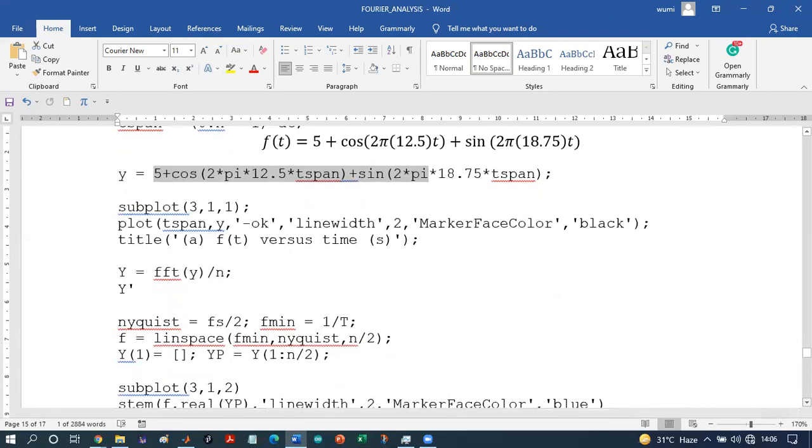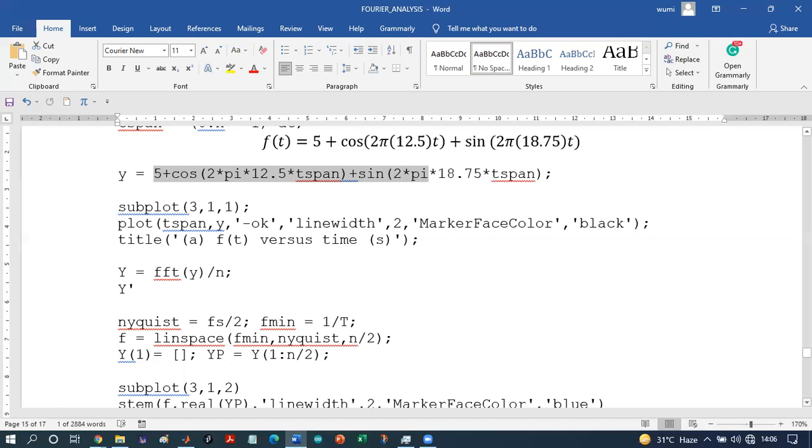Against t span, we first of all divided t into different chunks. So you are plotting t, f of t. Like for F0, we got 5. So the array for the DFT, if we were to put it in an array: F0 is 5.